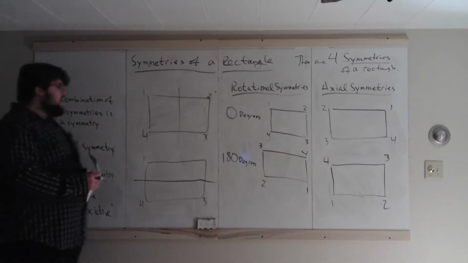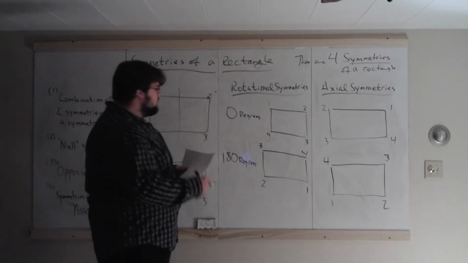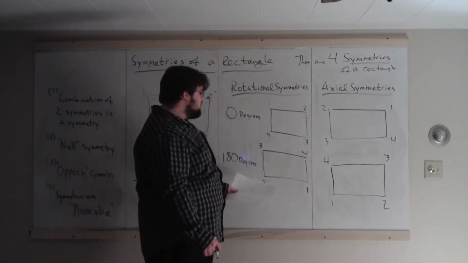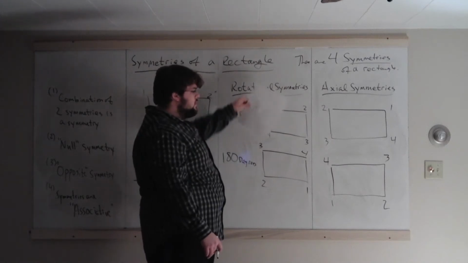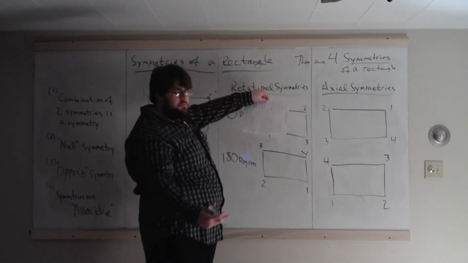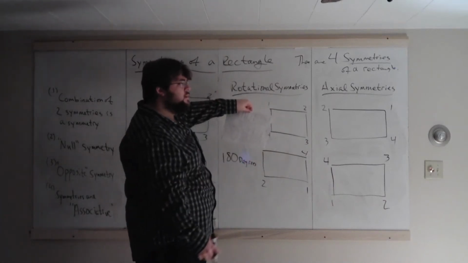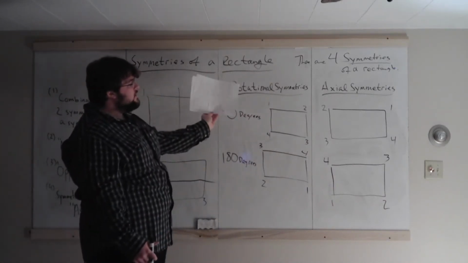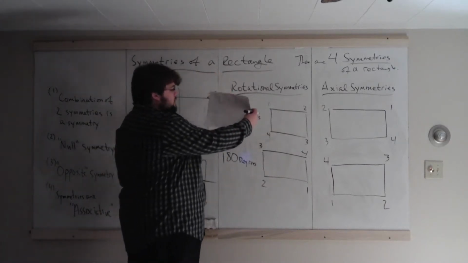An opposite symmetry. Well, in this case, what are the opposite symmetries? What's the opposite of 180 degree rotation? So we start here, go 180 degrees. Opposite means another symmetry that brings it back to its original state. So you start like this, go 180. How do you get that back to the original state?